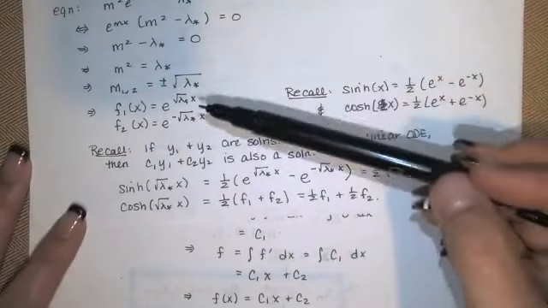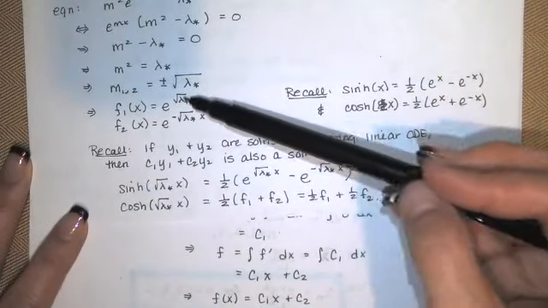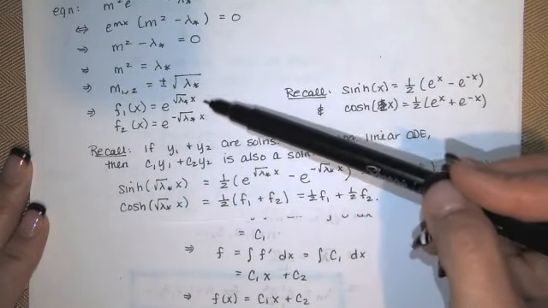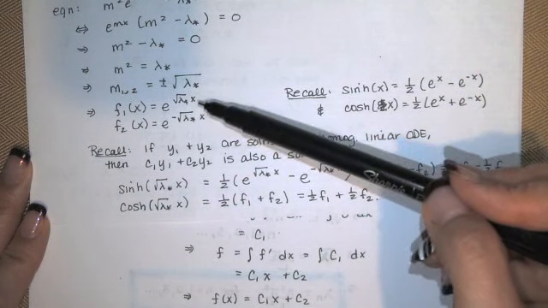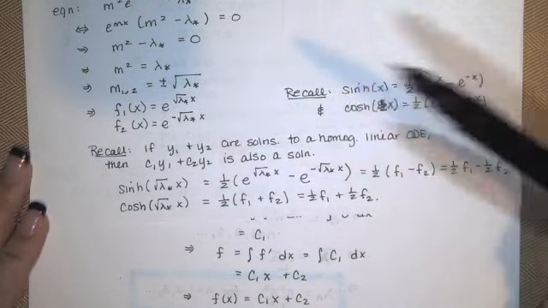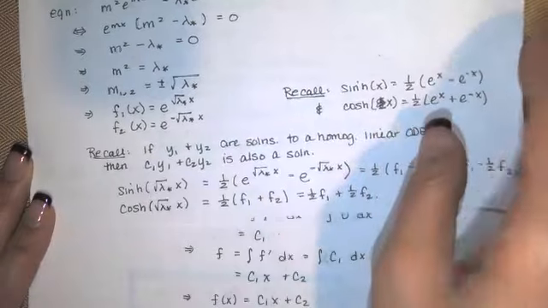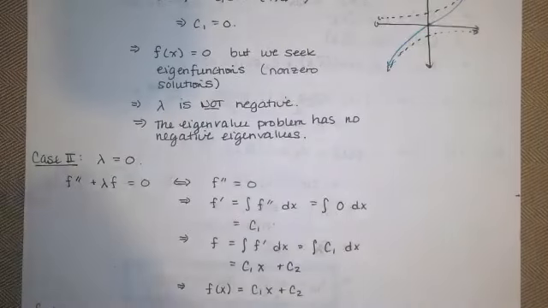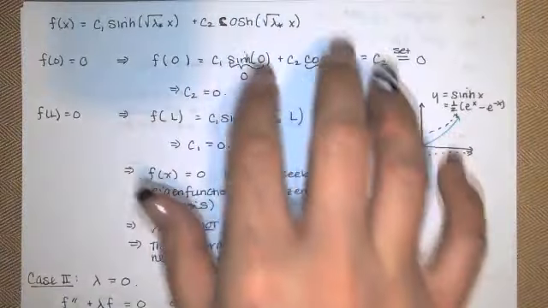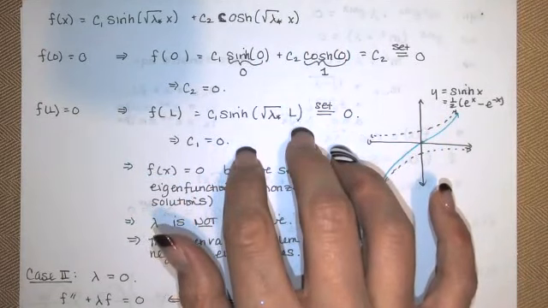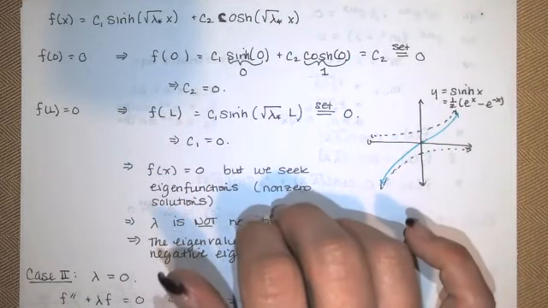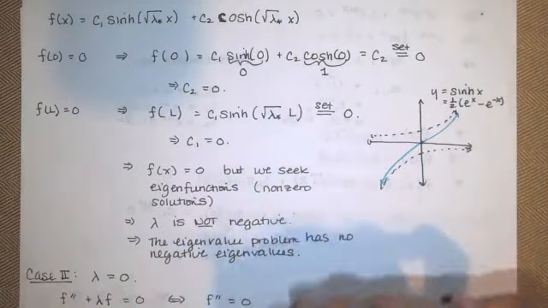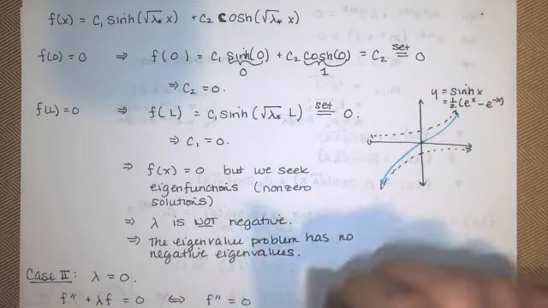Now, I want you to notice that if you end up with two values of m that are plus and minus the same real constant, rather than using these two exponential functions, we tend to use the hyperbolic sine and hyperbolic cosine functions in differential equations. And again, the reason for that is that the simplification of the results when we apply the boundary conditions is relatively straightforward because of what we know about the hyperbolic sine and hyperbolic cosine functions.